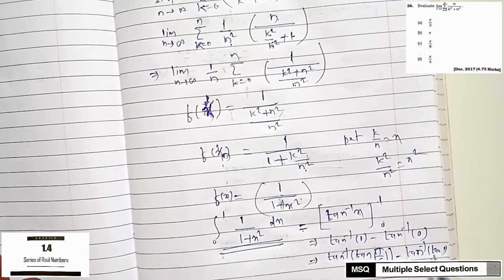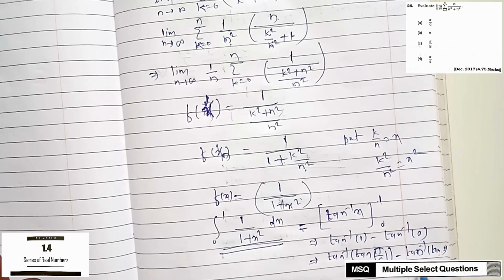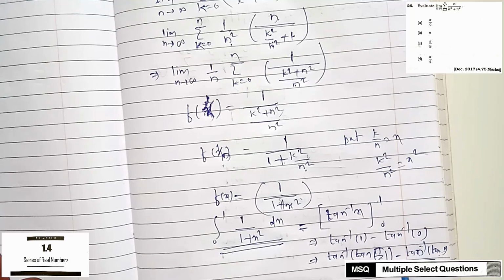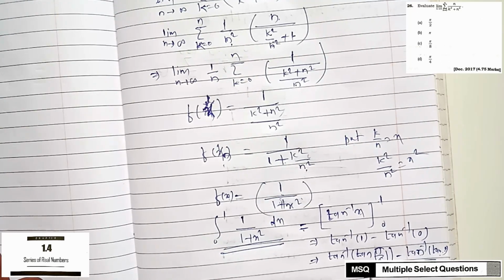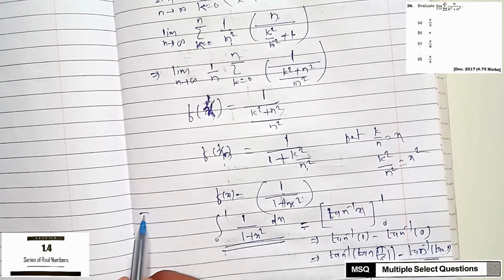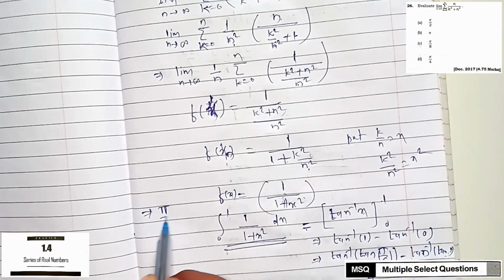Tan 0 is 0, so tan inverse of 0 is 0, so this term totally gets 0. So we get only the value pi by 4. So we got the correct answer here as pi by 4.